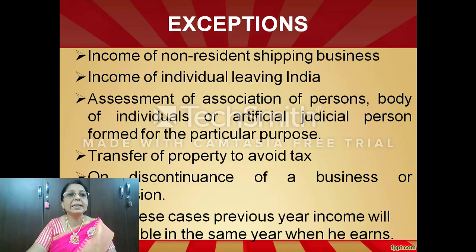Now, the exceptions to the rule of previous year: income of a non-resident shipping company, income of an individual leaving India, assessment of association of persons, transfer of property to avoid tax, or any discontinuance of a business. Then the previous year and the assessment year would be the same. Usually, income in the previous year is taxable in the assessment year.